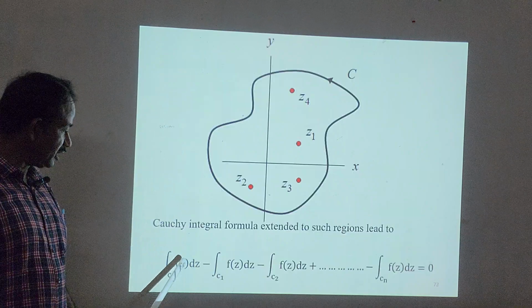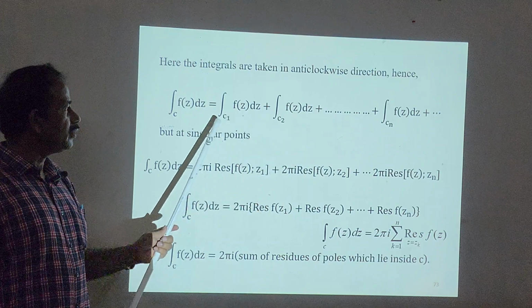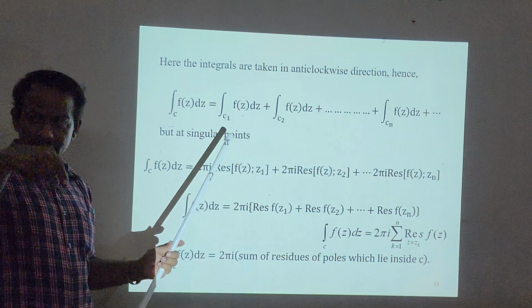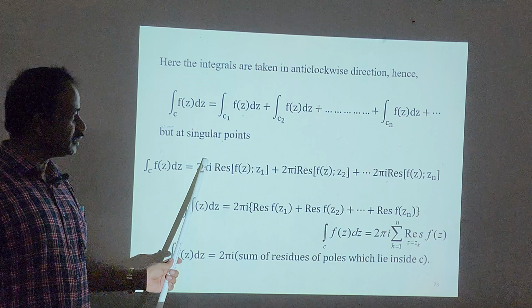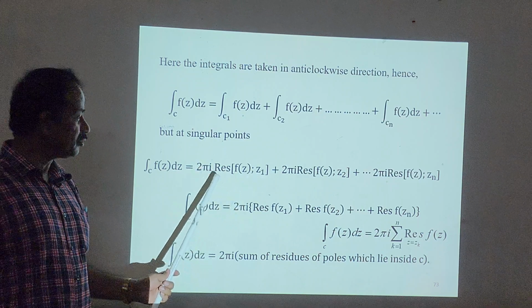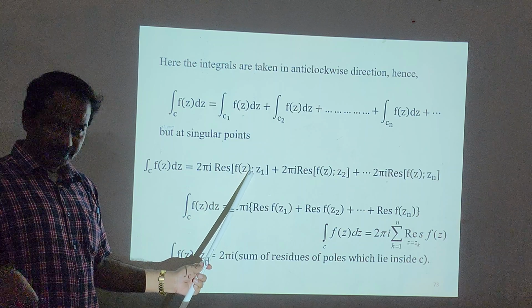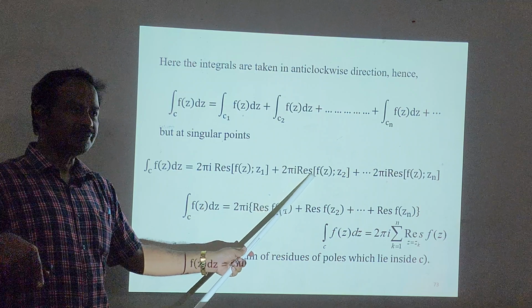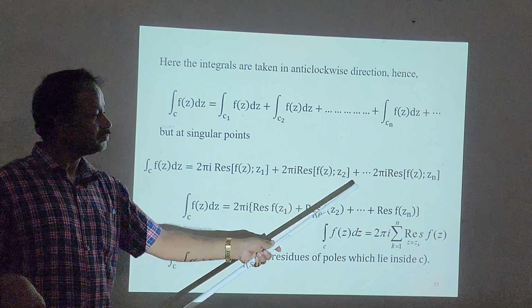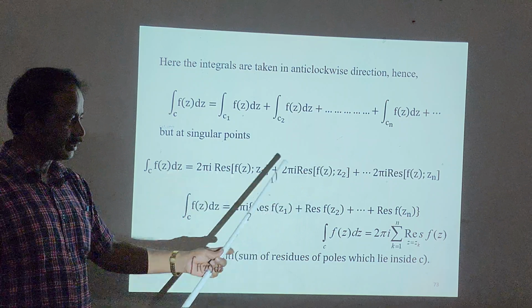Now keep these terms and bring the other terms to that side, so you will get this. But at the poles, some remains, some signals, will be left out. Those are called residues, which are nothing but 2 pi i times the residue of f of z at the point z1, plus 2 pi i times the residue of f of z at the point z2, and similarly up to the last.